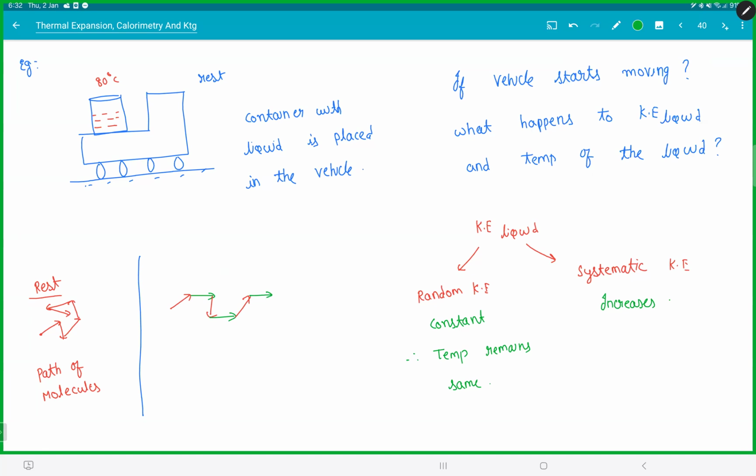The systematic motion, the green ones, will always keep pushing you in the same direction, whereas the red is random stuff that is just dragging you everywhere. So this is random plus systematic. This is how the molecules will go when the vehicle is going with speed. End of the day, the random part is only the red part. So this is the path of the molecules when the vehicle moves.